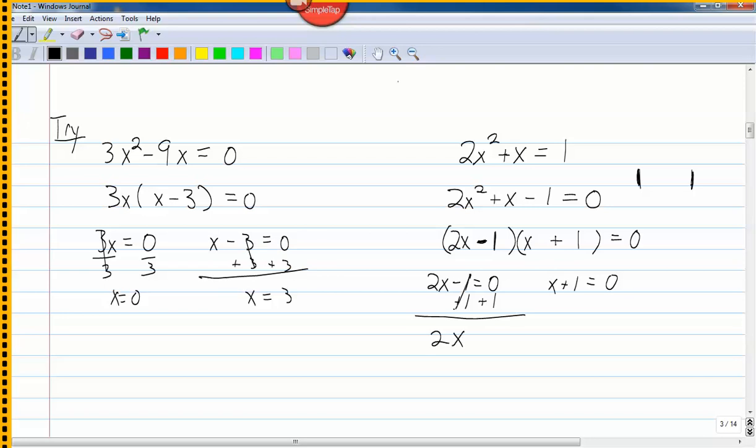So I'll have 2x equals 1. Divide both sides by 2. I have x equals 1/2. Alright, go to the other linear equation. I have x equals -1. So my solution set is -1 and 1/2. Okay.